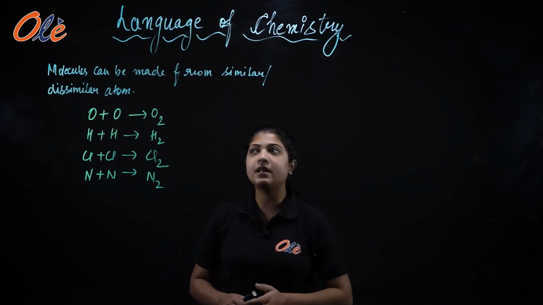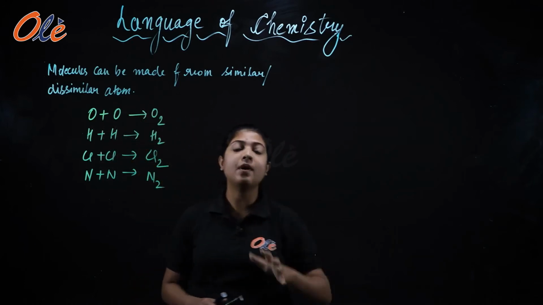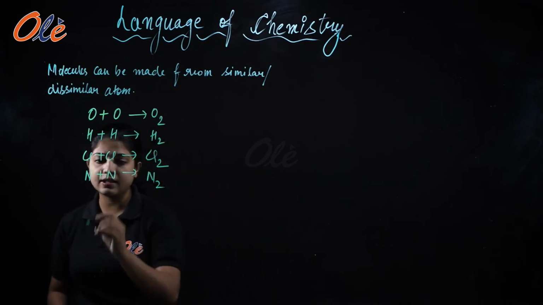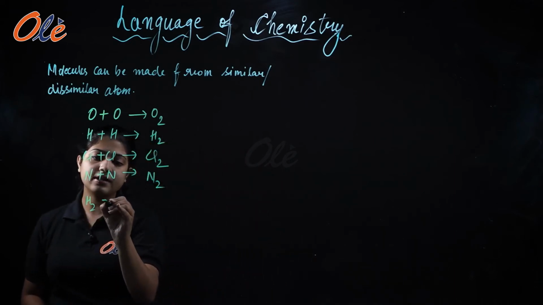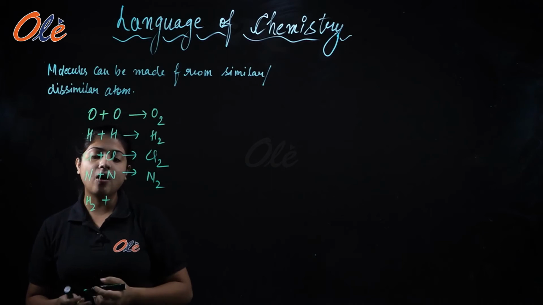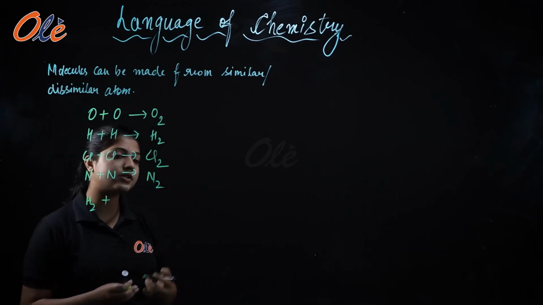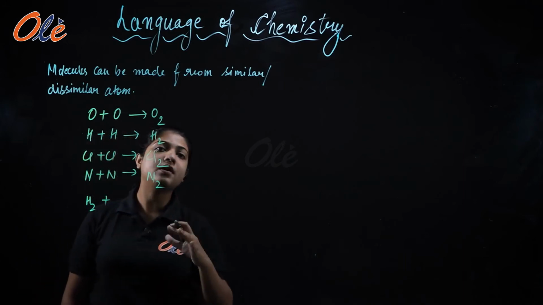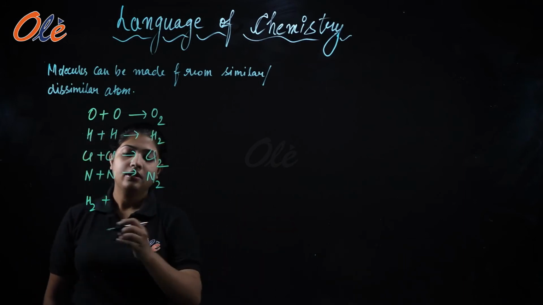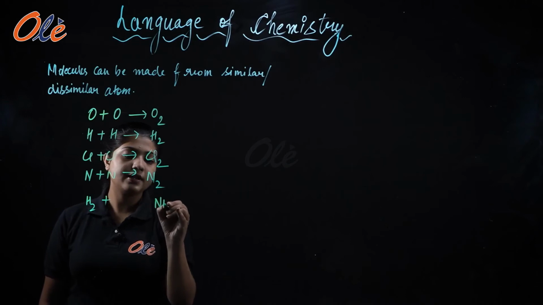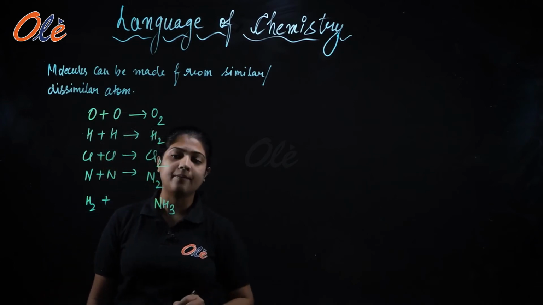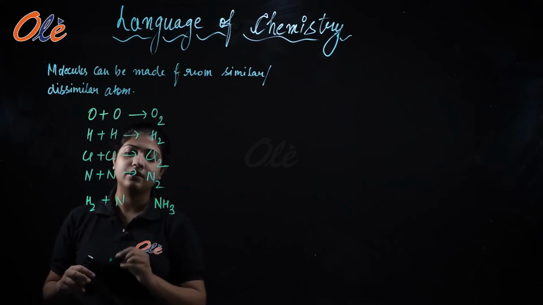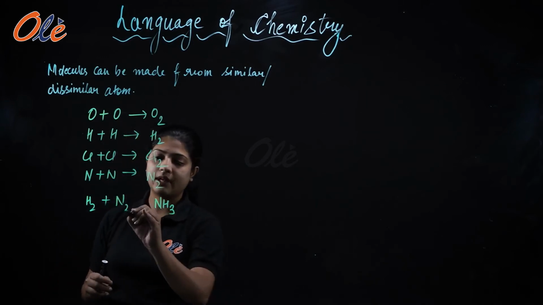Now, what is the meaning of molecules being made up of dissimilar or different atoms? Let us take the example of ammonia. This is a molecule of ammonia. Here, hydrogen is combining with nitrogen to form ammonia, right?